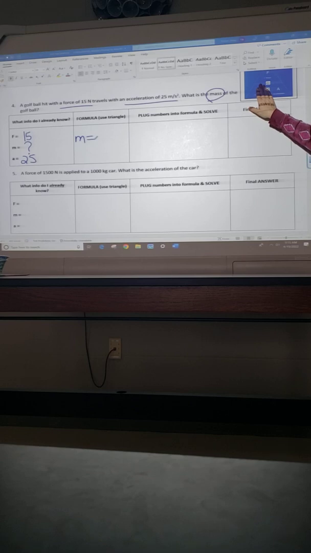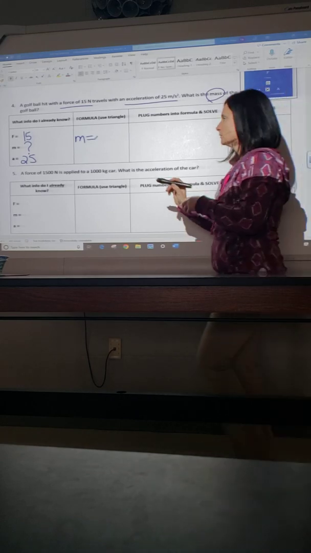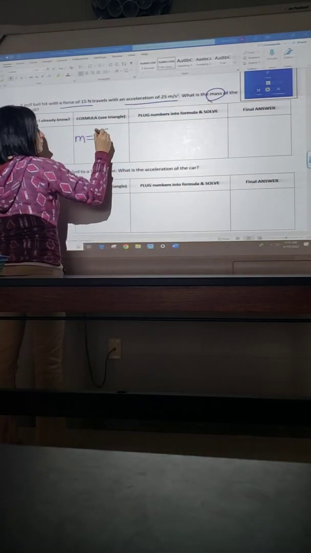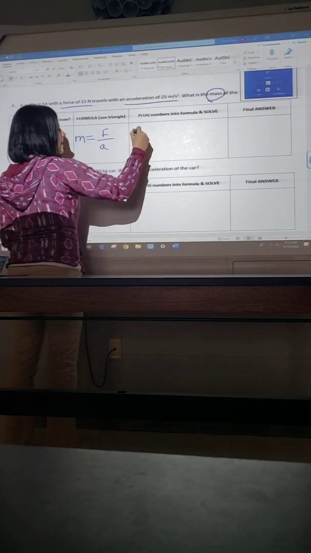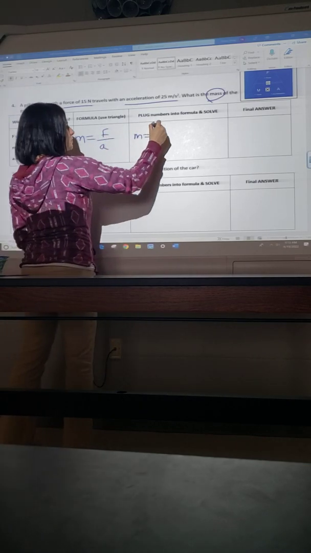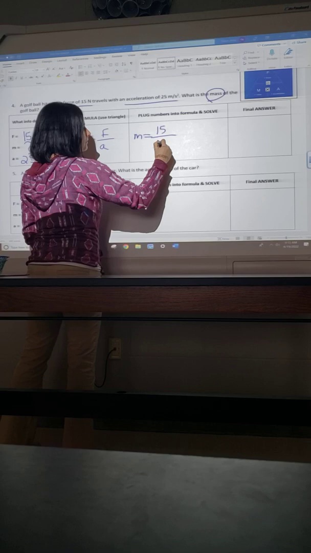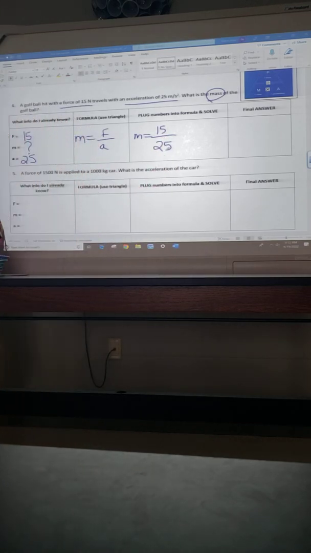Cole, what do you think? Force divided by acceleration. Good. So we're gonna do that. Force over acceleration. So now I'm just gonna plug in. My mass is still unknown. My force was 15 and my acceleration was 25. What do you get when you do that division?